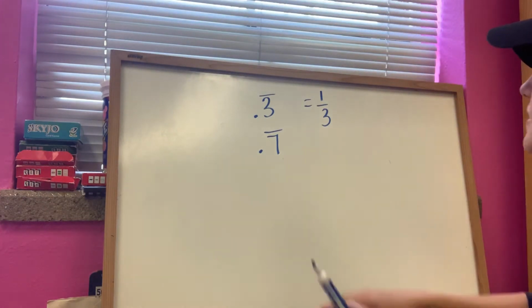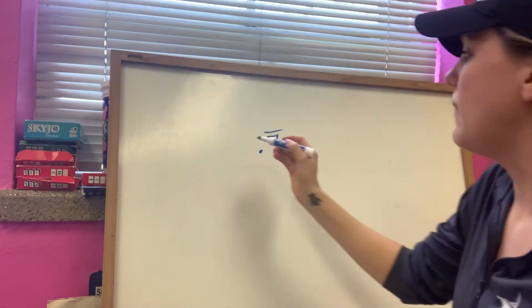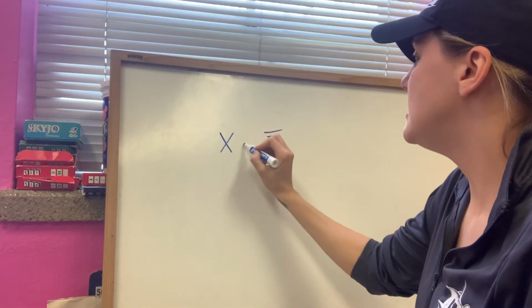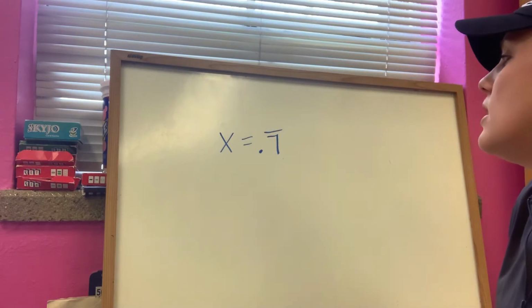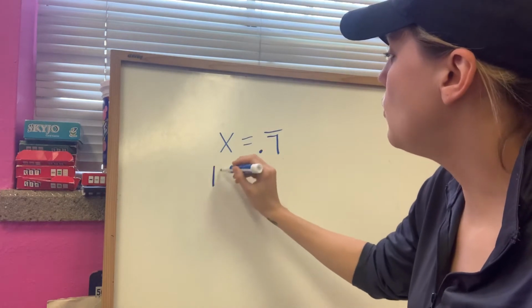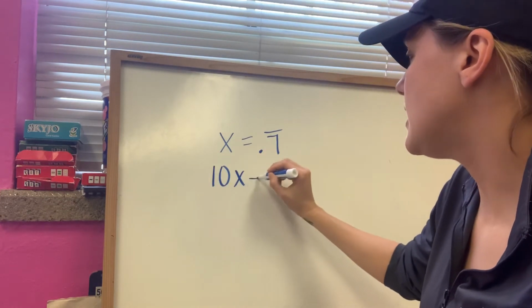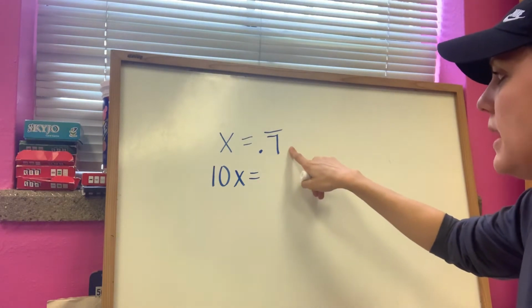So to do this, let's start by saying, okay, x is equal to 0.7 repeating. So if we know that x is equal to 0.7 repeating, what would 10x be equal to? Well, we would take this number right here and we'd multiply it by 10.